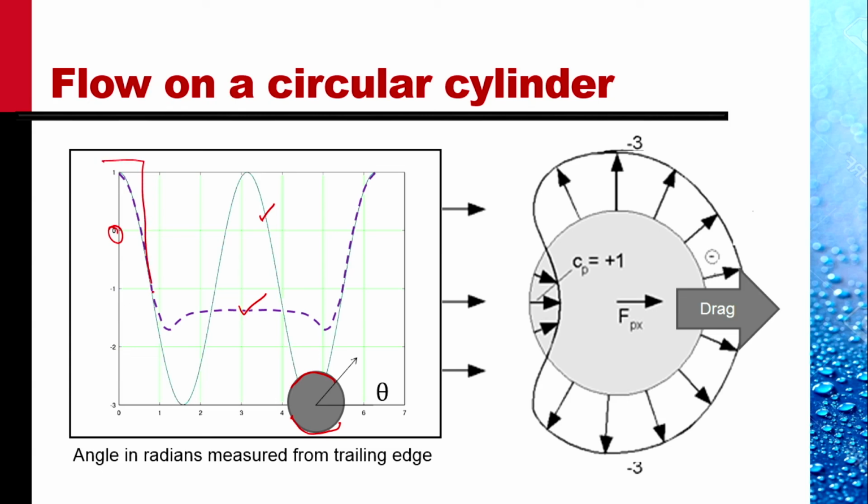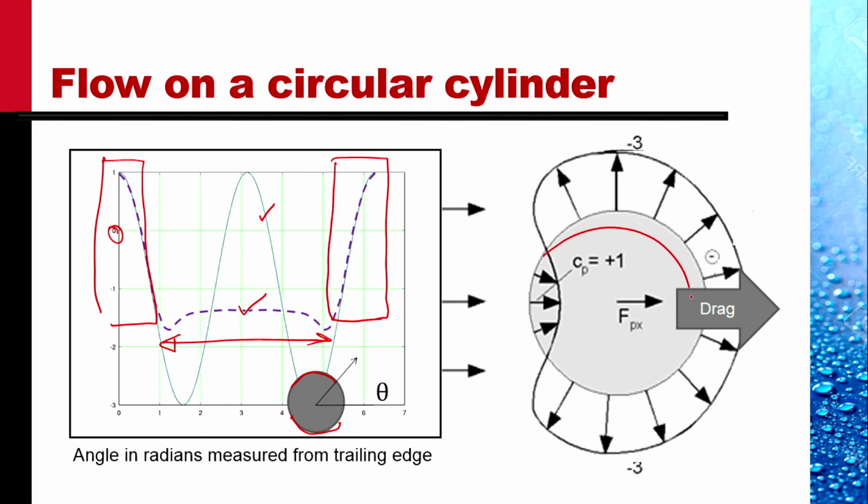You see, there's very good agreement at the nose, but very bad agreement over this region. Over this region, there's a good agreement, but over the rest of the region, there's very bad agreement.